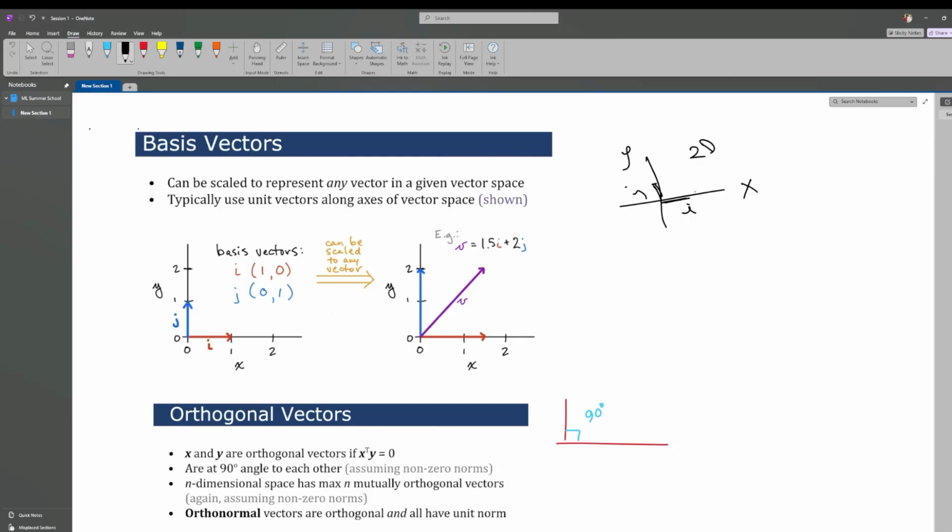From 0, the first unit here is obviously 1, and from 0 to here is 1 as well, right? So we can present this point as 1, 0, and this point as 0, 1. Mathematically, for the coding part, we present it like 1, 0 and 0, 1.